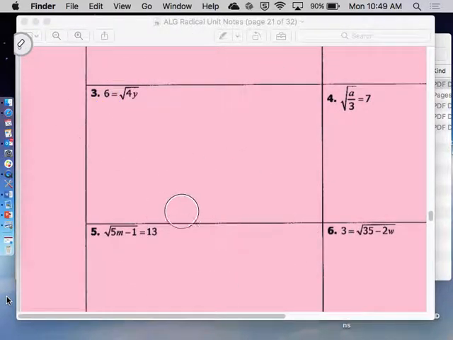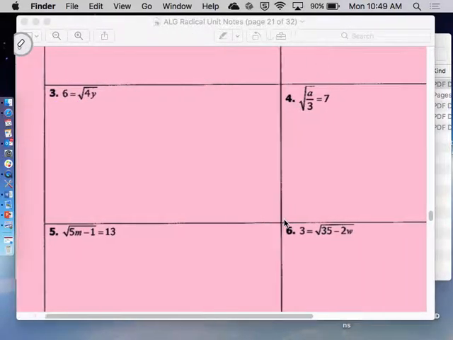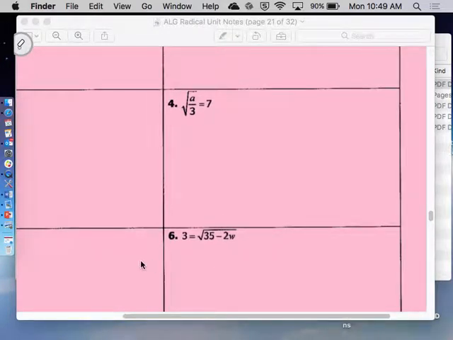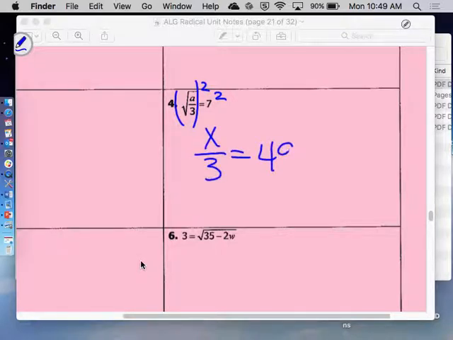Let's look at number 4 on the screen. So here, the radical has been isolated. When I square both sides, I end up with x over 3 being set equal to 49. Don't forget to square the other side.